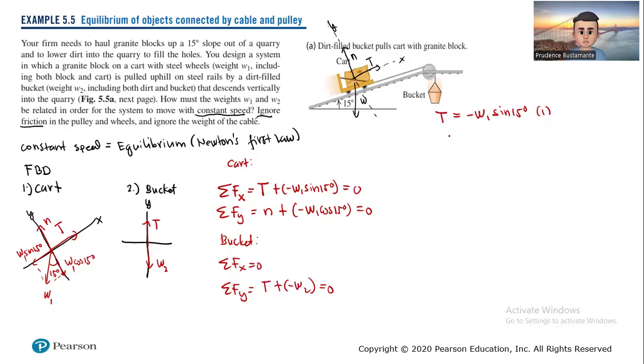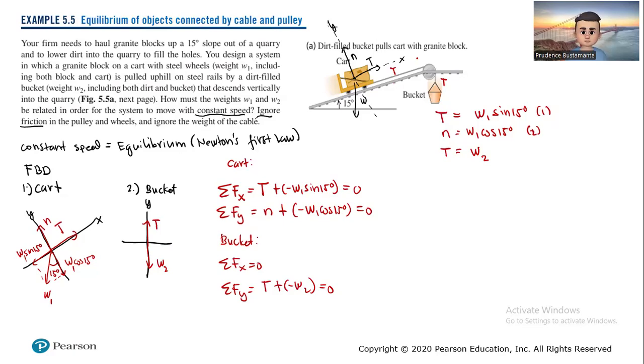We have our normal force is equal to weight 1 cosine of 15 degrees, so there is no more negative. That is equation 2. And we have the tension is equal to the weight 2. Okay. So the tension here, class, and the tension here are actually equal. So that's the catch of this kind of problem.